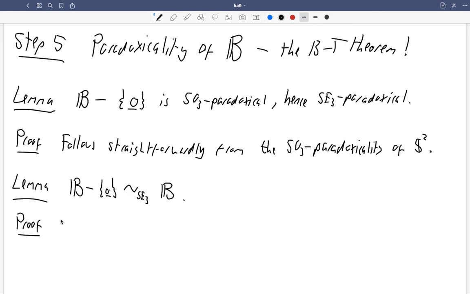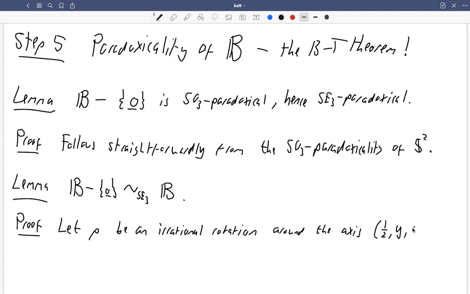So let's do this anyway, because it's the last thing we're going to do. So let rho be an irrational rotation around the axis x = a half, y free, z = 0.